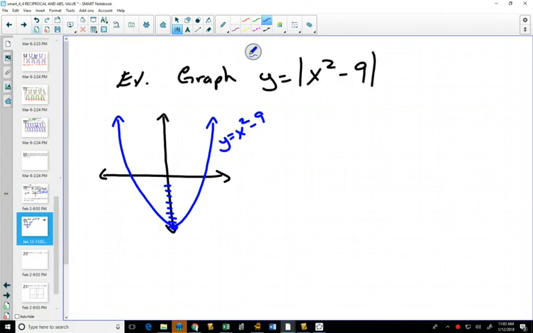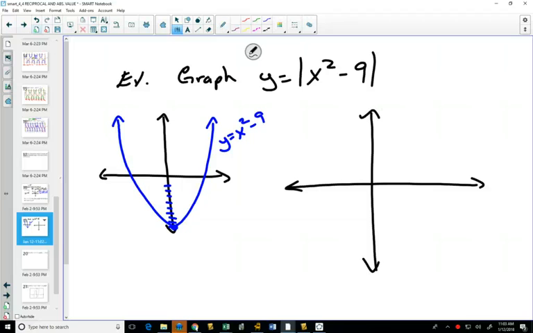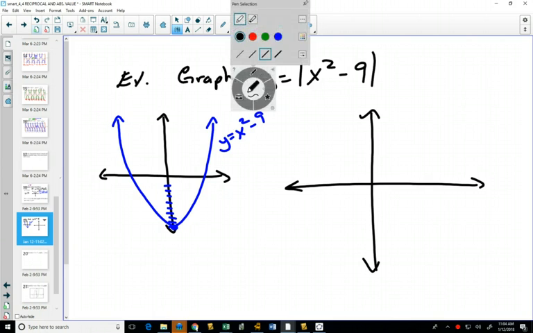To figure out what our absolute value graph is going to look like, all the absolute value does is it makes sure that all of your y values become positive. And so the entire portion of your graph that's below the x-axis, this part right here, that part is going to get reflected over the x-axis because you're going to take a nice point.